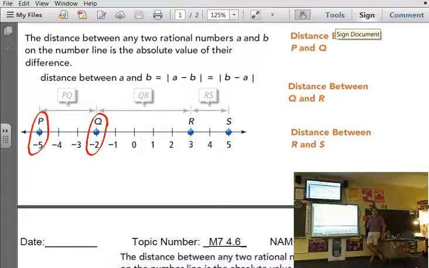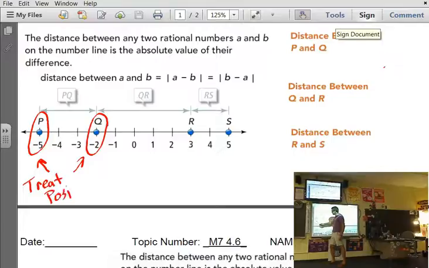So guys, here's the trick. If they're both negative, treat like they're positive. And all you really need to think of is what's the distance between 5 and 2.